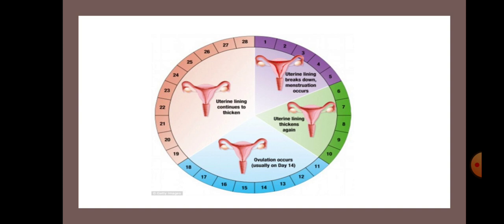If pregnancy does not occur, then the egg cell disintegrates along with the corpus luteum. There is a drop in progesterone levels, which causes the lining of the uterus to fall away in a process called menstruation, and then the cycle starts again.